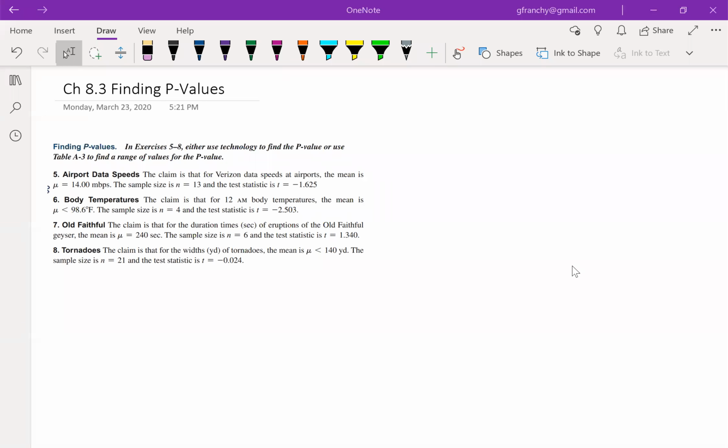Okay, we're going to take a look at how to find p-values for the t-distribution. This is chapter 8, section 3. And there's a couple things that we need to find the p-value.